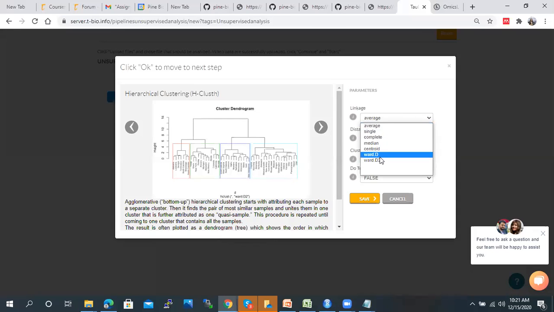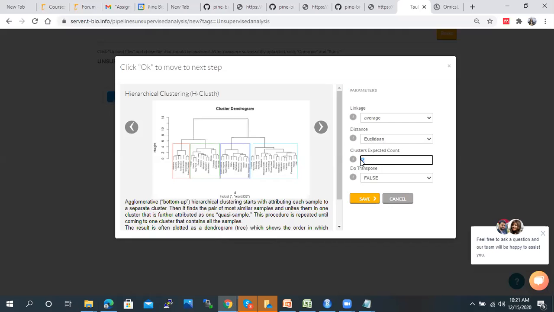So we are selecting average, and then it is also asking what distance metric you want to choose. Here are different methods like Euclidean. So what is the distance metric? It is how you will find dissimilar or similar data points. We are selecting Euclidean. Then you can select the number of clusters you are expecting.